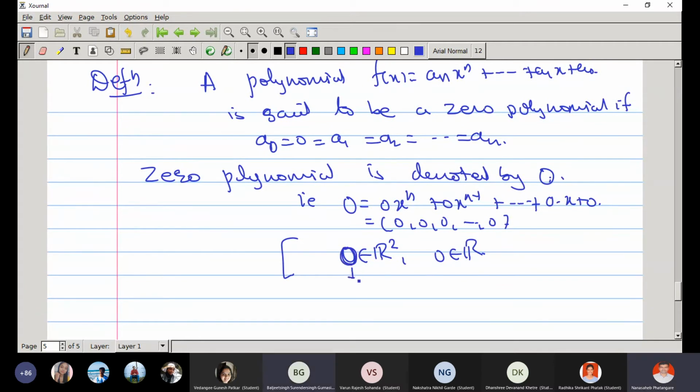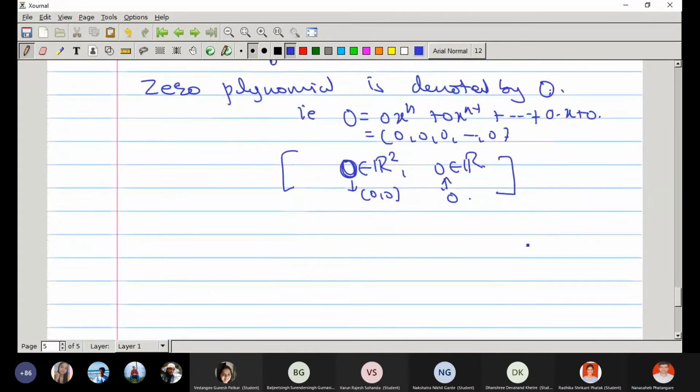In R2 it will be (0, 0), in R it is just 0, a simple real number. Therefore, a zero polynomial is actually something which has many components. Is it clear?